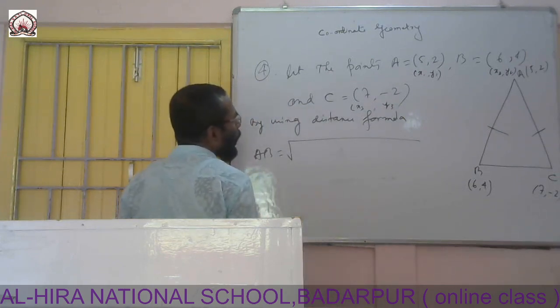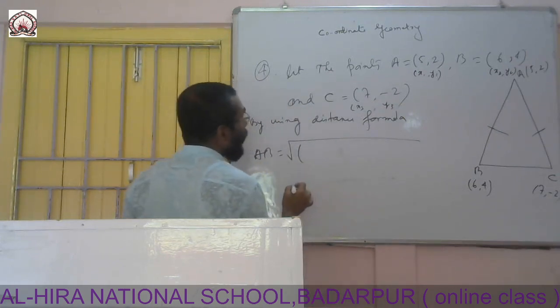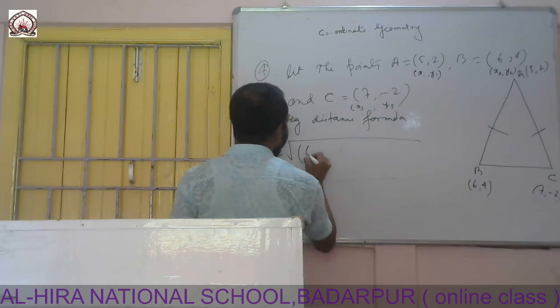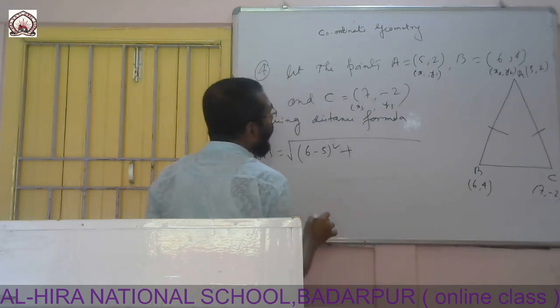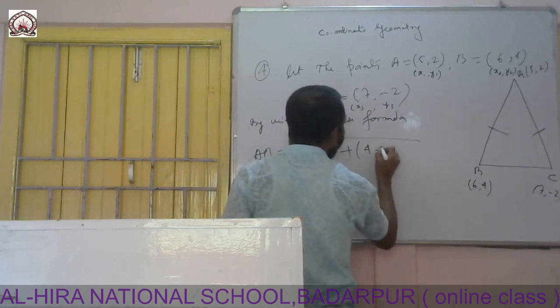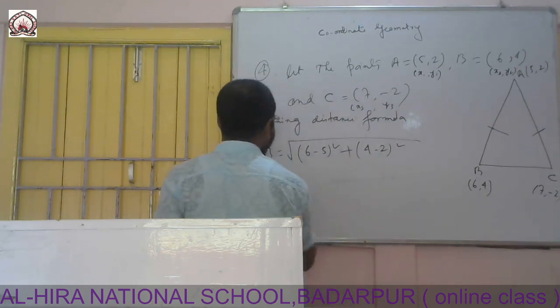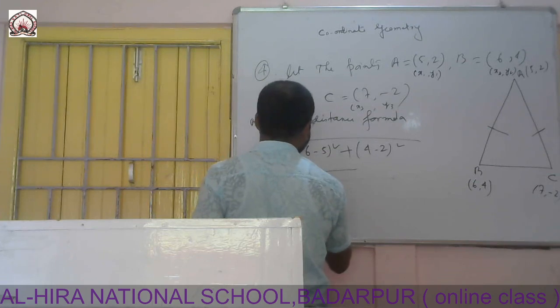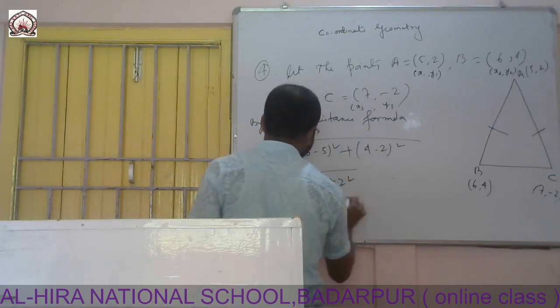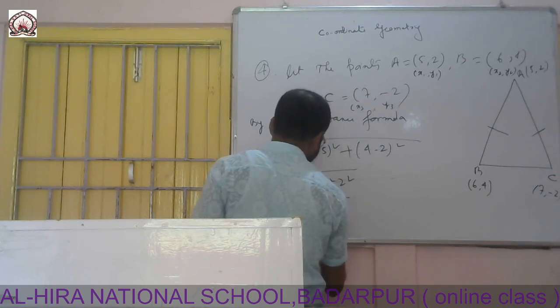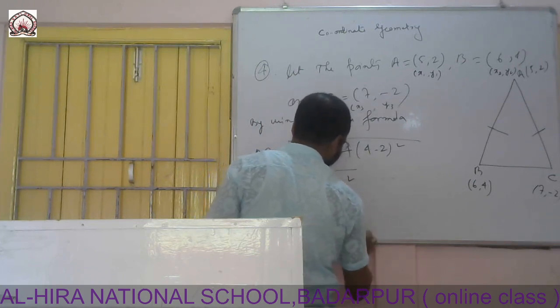So, x2 minus x1 is 6 minus 5 whole square plus y2 minus y1 is 4 minus 2 whole square. So, this is 6 minus 5 is 1 square and 4 minus 2 is 2 square. Then this is 1 plus 4, this one will be square root 5 units.